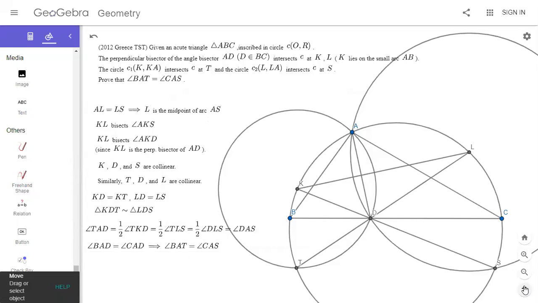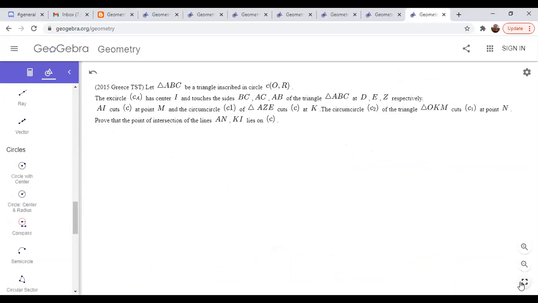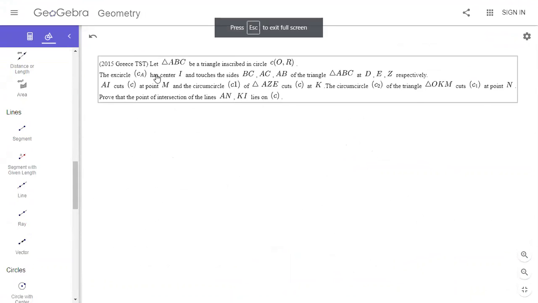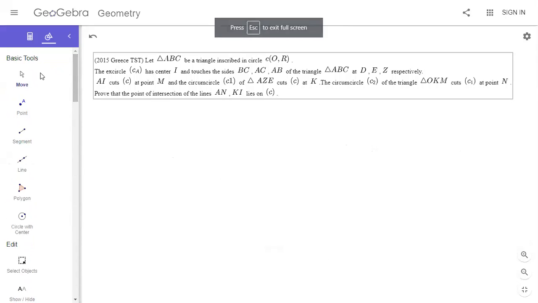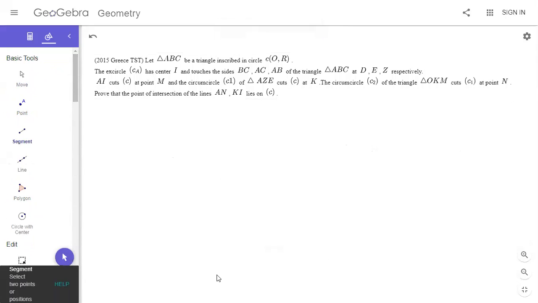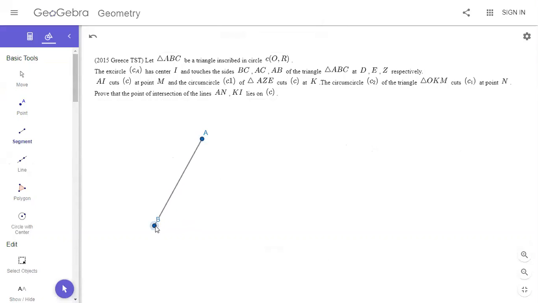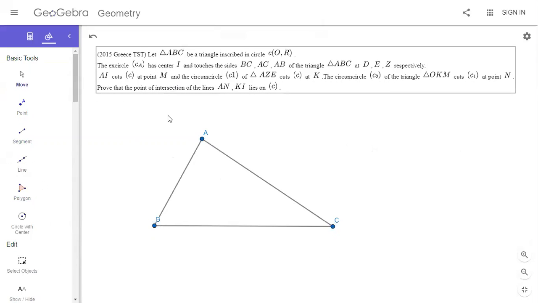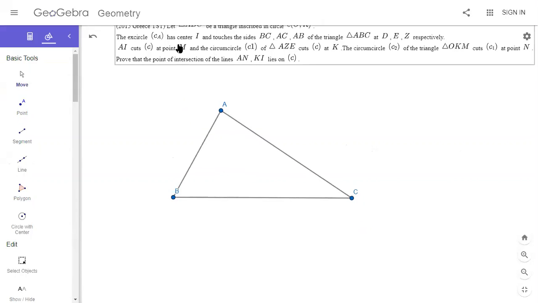All right. There we go. Another one from Greece. So we have a triangle, triangle ABC. This one involves excircles, so maybe it'll be harder, maybe not. We'll see.